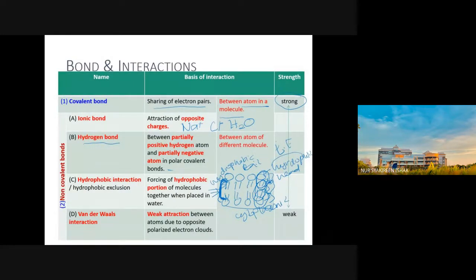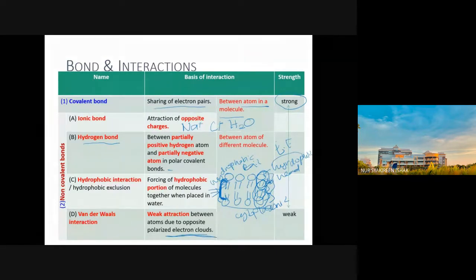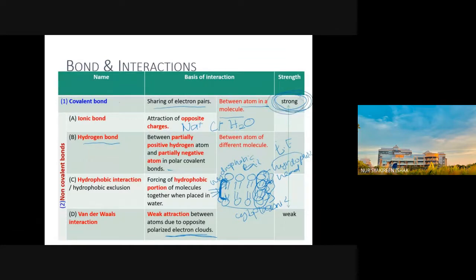Okay, so the next interaction is van der Waals interaction. It is a weak attraction between atoms due to opposite polarized electron clouds. So basically covalent bond is the strongest bond, because it exists between atoms within a molecule, and then as you go down, you have the weak bonds.